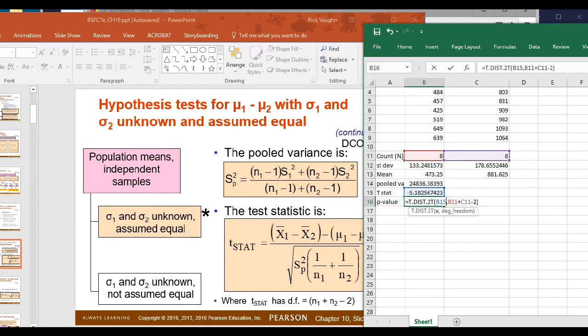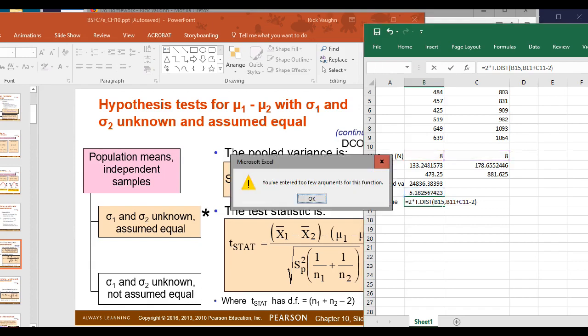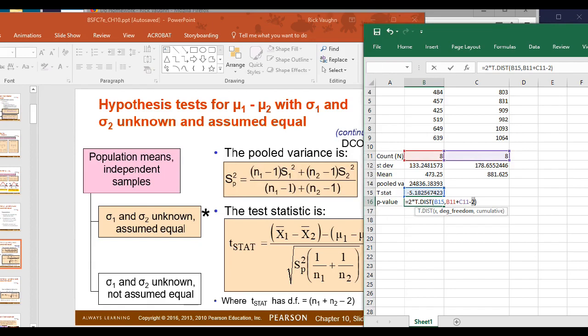So what I'm going to do instead is just use the one-tailed t-distribution to find out the probability of it being below negative 5.18, but then I'm going to multiply by 2 to double this, because the probability below negative 5.18 times 2 would be the probability above positive 5.18. So I'll just do this 2 times and then use the one-tailed t-distribution because I have the negative t-value in here. Oh, yeah. Now since I'm using the regular t-distribution, I have to put the true value in here.